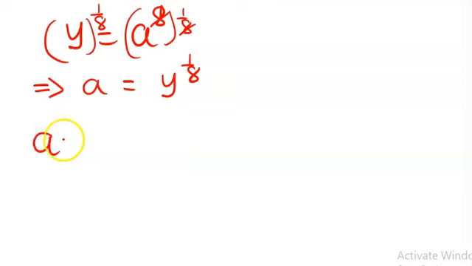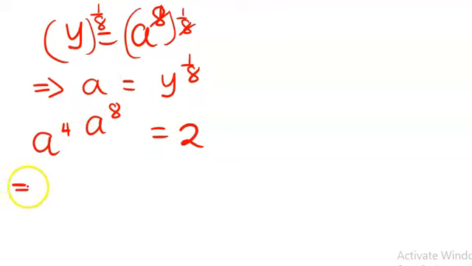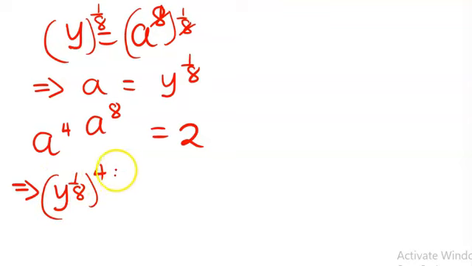We have a to the power 4, all raised to the power a to the power 8, which is equal to 2. So we are going to substitute this one. Wherever we see a, we put y to the power 1 on 8. So this implies that a here is y raised to the power 1 on 8, all raised to the power 4, and this we said that y is equal to a raised to the power 8.